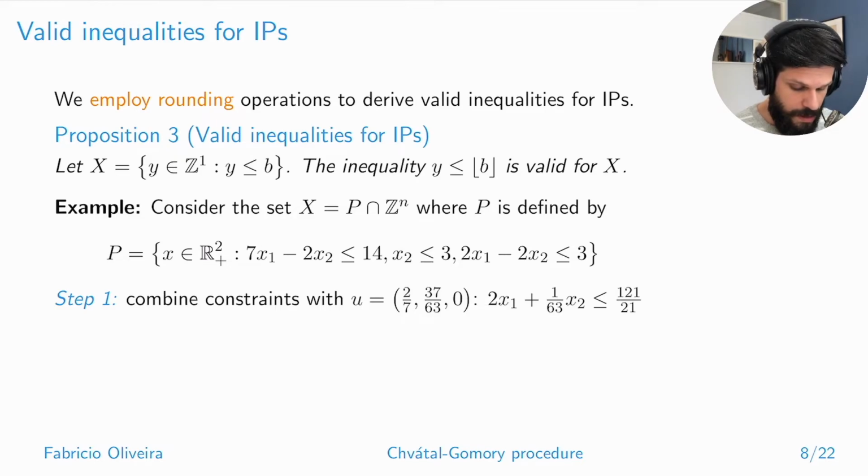So basically, I think the main challenge here is that you're thinking, where does that come from? And that's the main challenge behind generating valid inequalities. Really, how do you set up these u's to generate these valid inequalities?